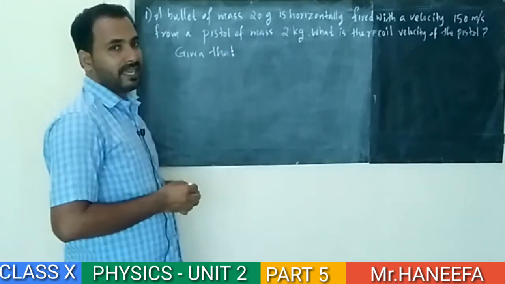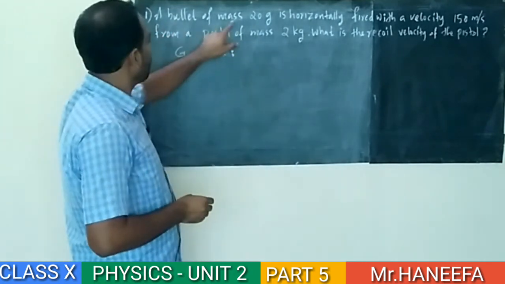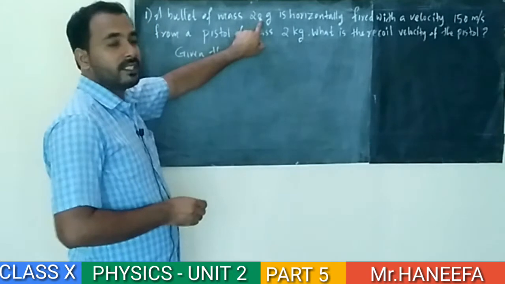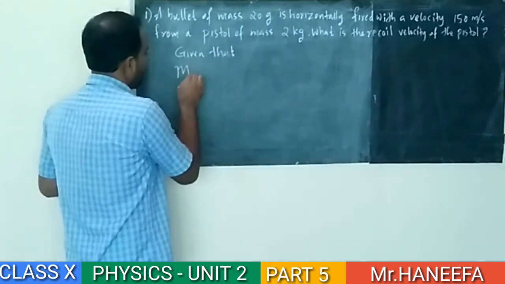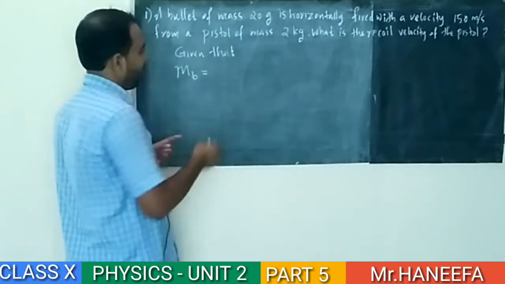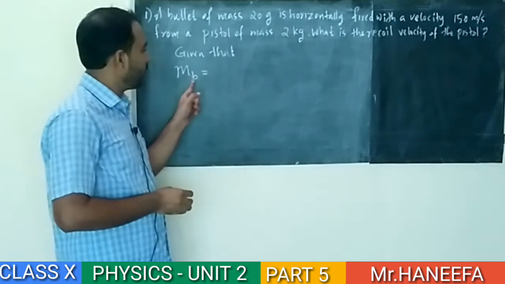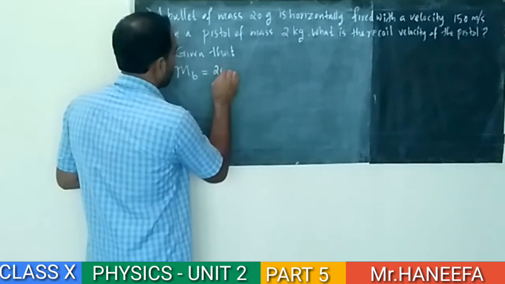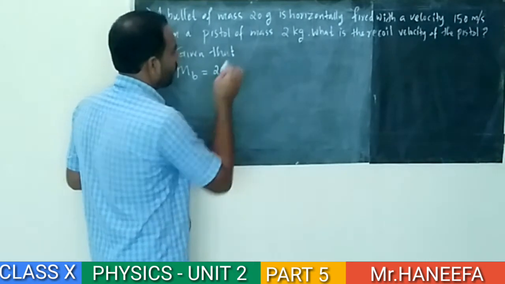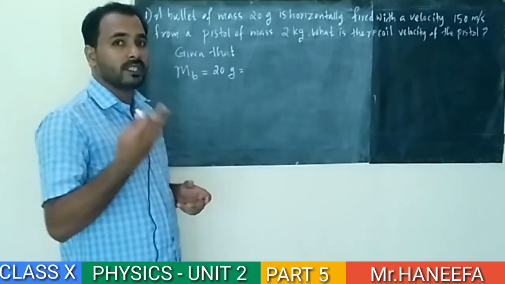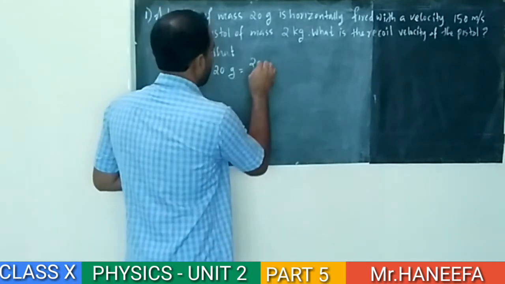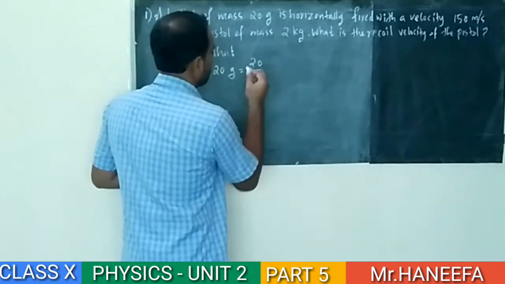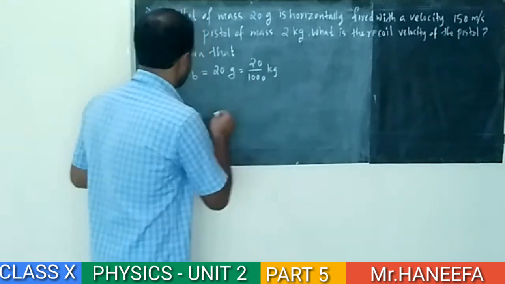Given that a bullet of mass 20 gram. So, mass of the bullet, mb, where b means bullet, equals 20 gram. We have to convert this gram to kilogram. That is 20 by 1000 kg.